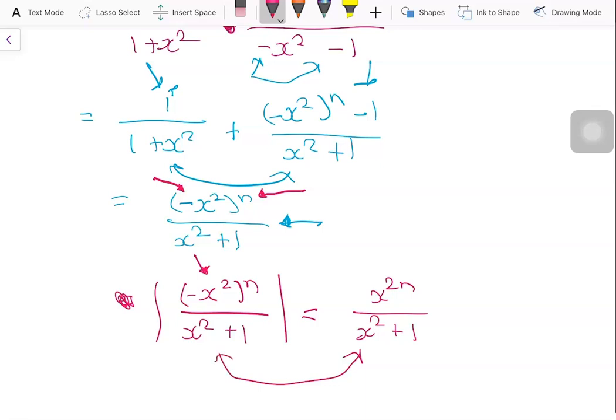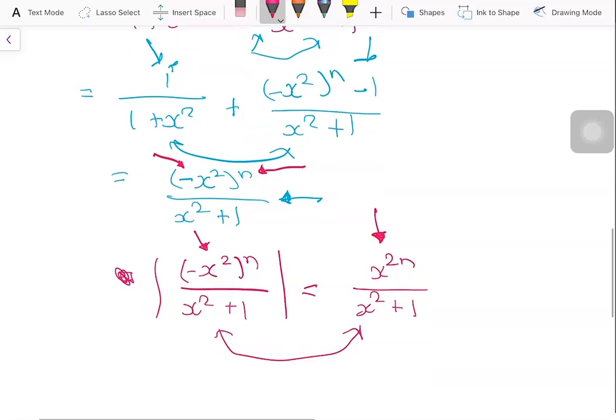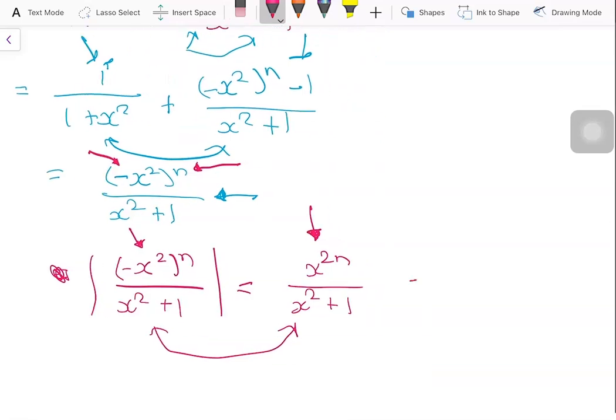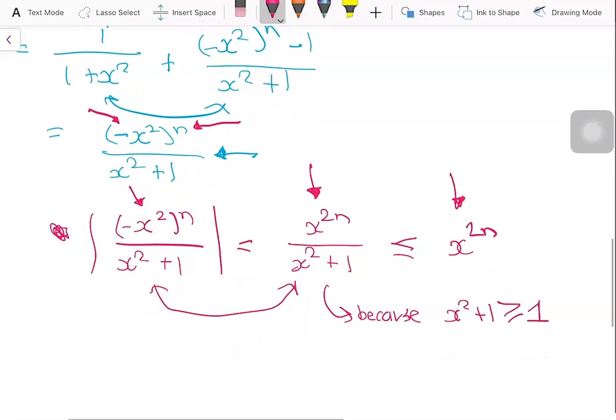And we can see the numerator of the fraction will be positive because 2n is an even number. And now this absolute value is at most x to the 2n, and this is because x squared plus 1 is at least 1. So since you're dividing a non-negative number by a number at least 1, the absolute value is at most x to the 2n.